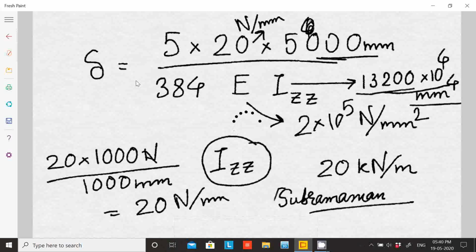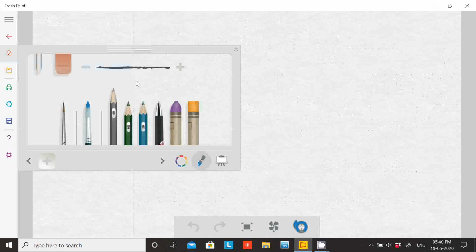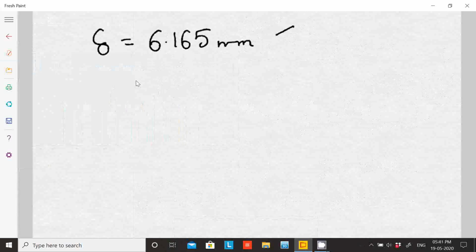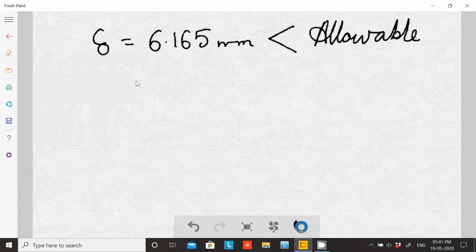Now this delta that I have got, 6.165 mm, should be less than the allowable maximum deflection.